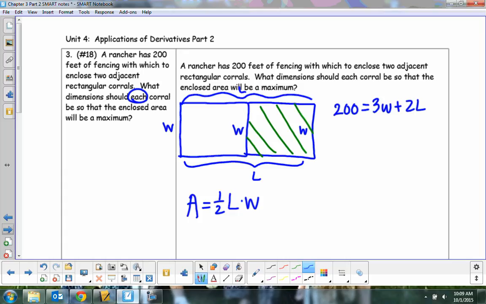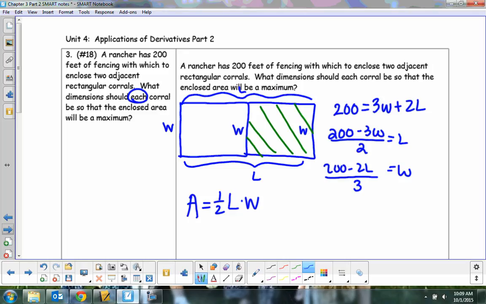Do you guys solve for L or W? W? So whichever one you solve for, I don't care.